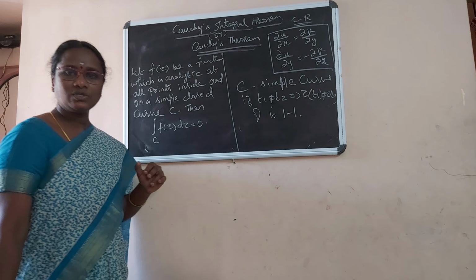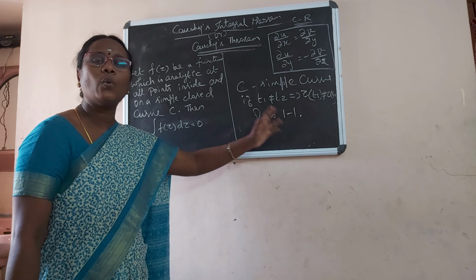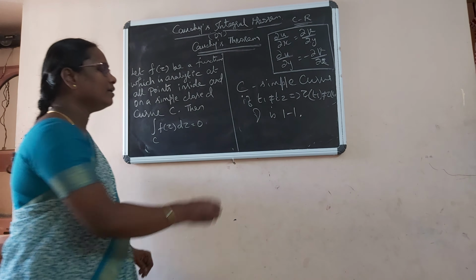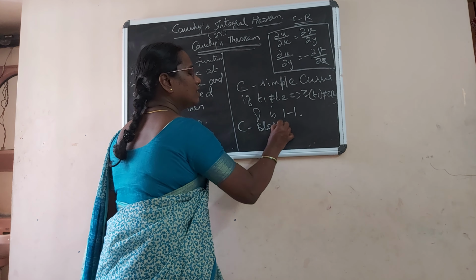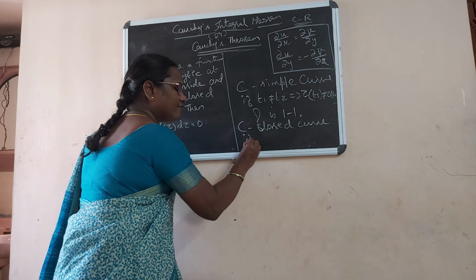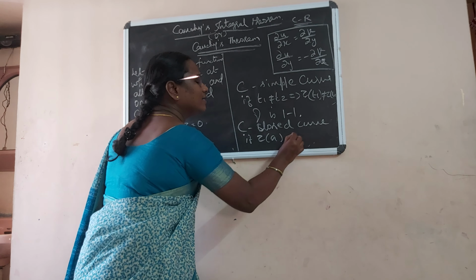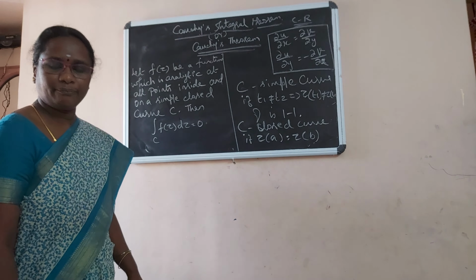What does it mean for C to be a closed curve? Closed means z of a is equal to z of b.